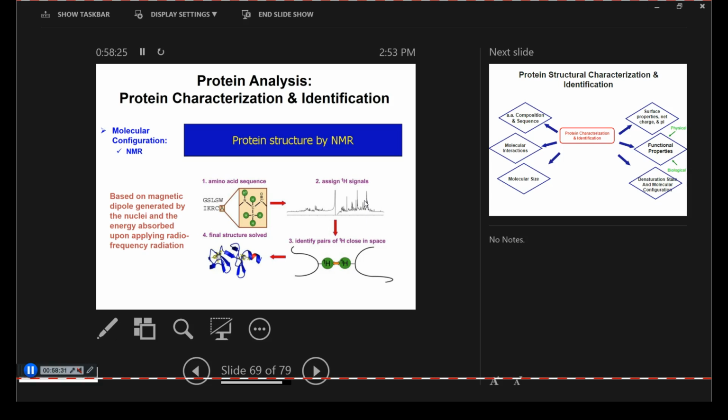But basically, you can do proton NMR and identify pairs of protons in close proximity to each other and do a puzzle determination of the spectra of NMR and then come up with the configuration of the protein. I never did that. I don't want to do that, but it can be done.